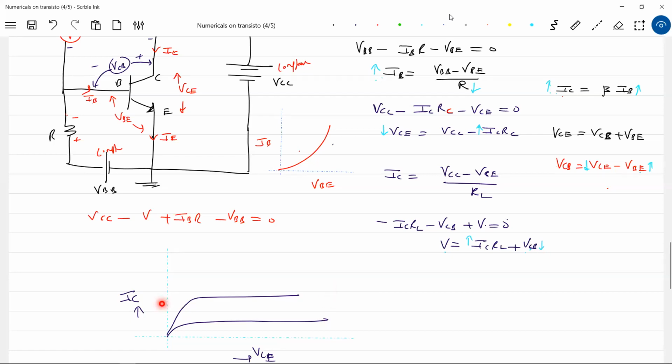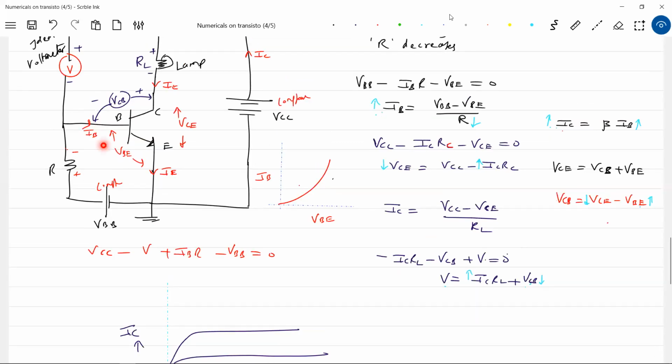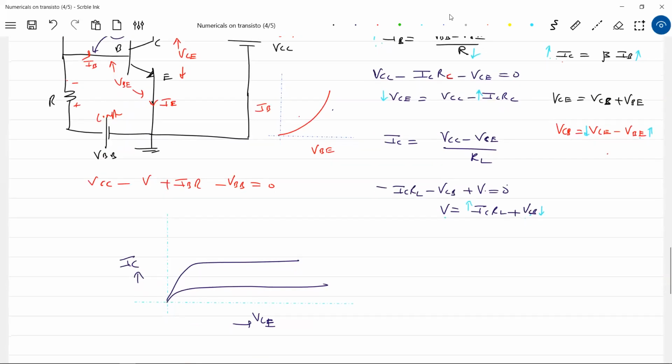Am I right? As we increase this IB, common emitter configuration, then IC was increasing. For a given value of VC, as we increase IB, IC increases. Then I'd like to conclude something.